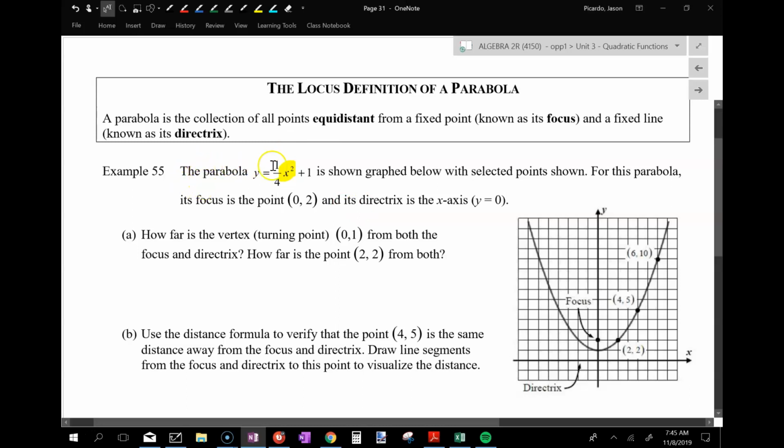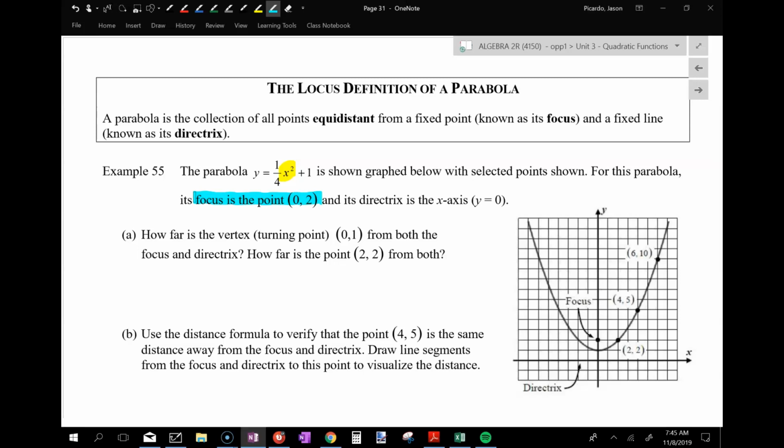So nonetheless, the parabola is shown below with selected points shown. For this parabola, its focus, that's a new word, let's write this down, its focus is (0, 2). Up there on the sideboard, that red dot is the focus. When I said I want to find points that are equidistant from a line and a point not on that line, the point not on that line is the focus.